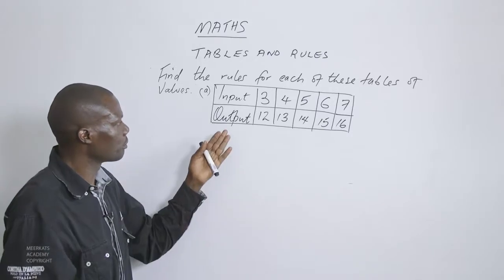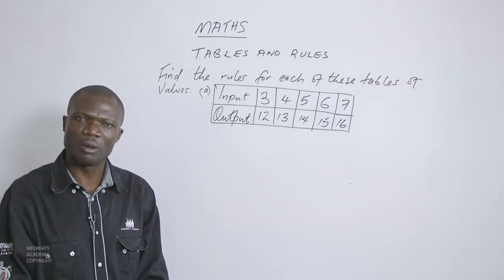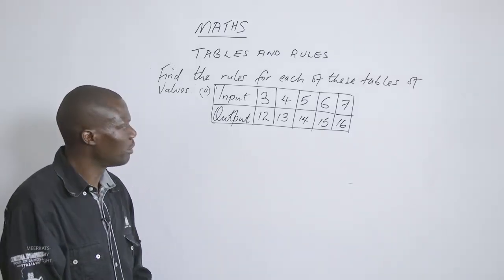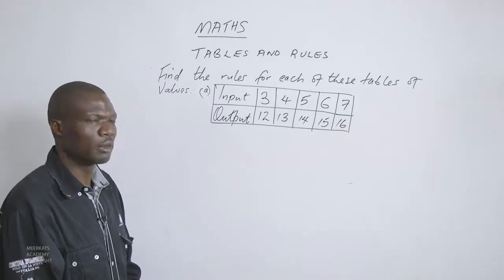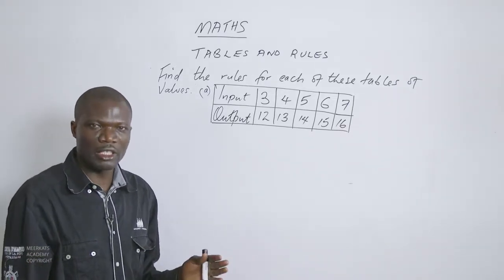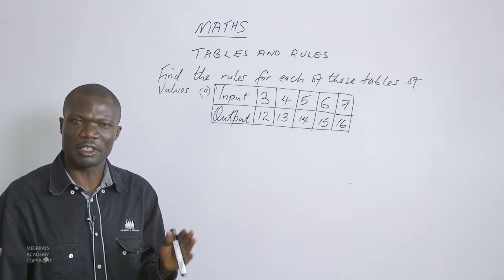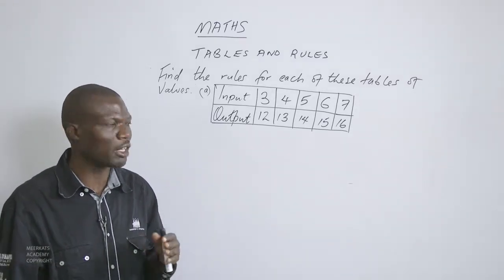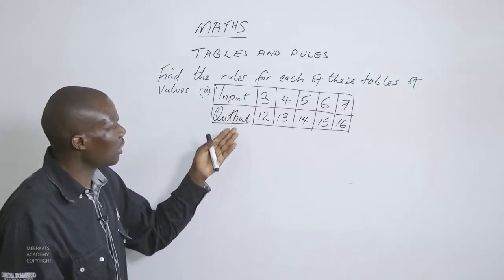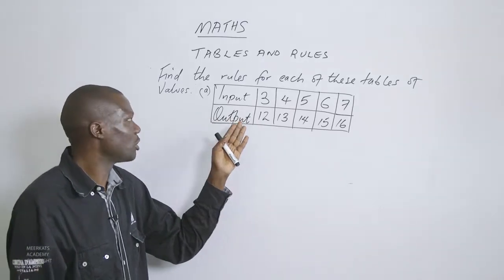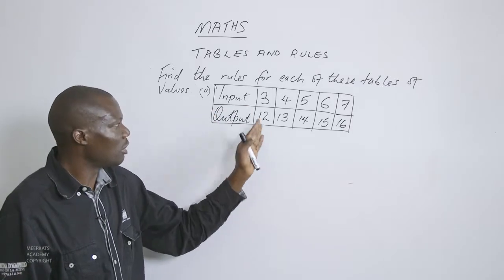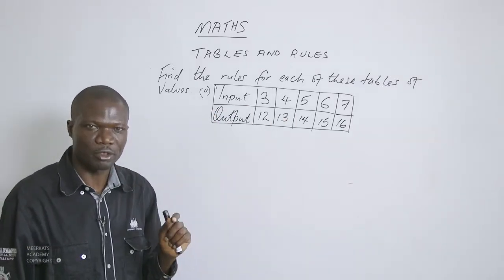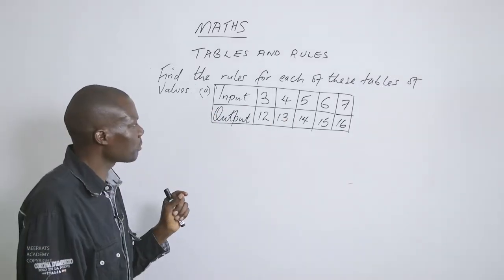Now, what could be the possible rule? This is done by inspection, by trying one or two other methods. The relationship between the output and the input on all the variables must be constant.